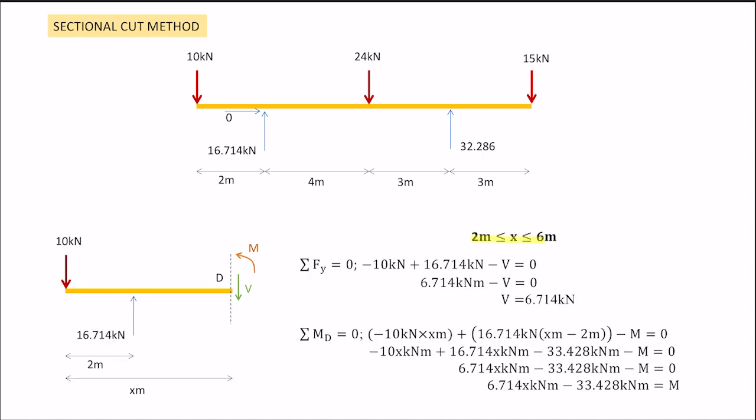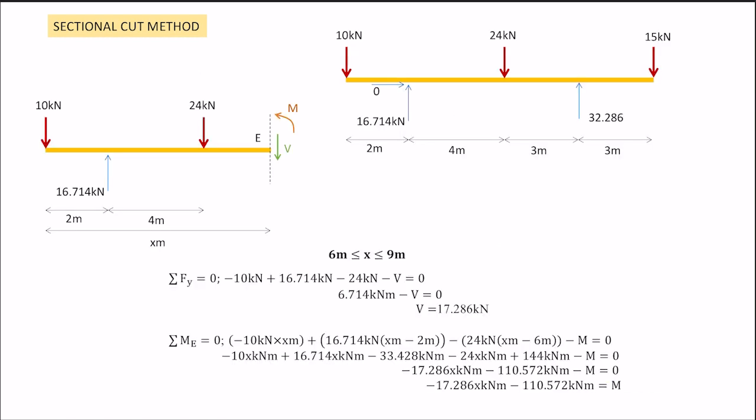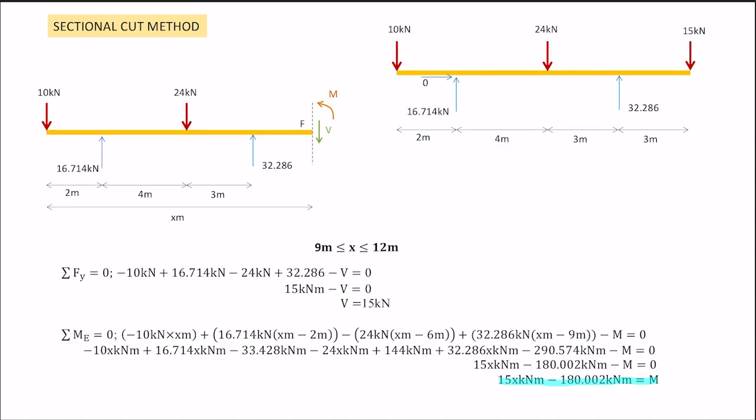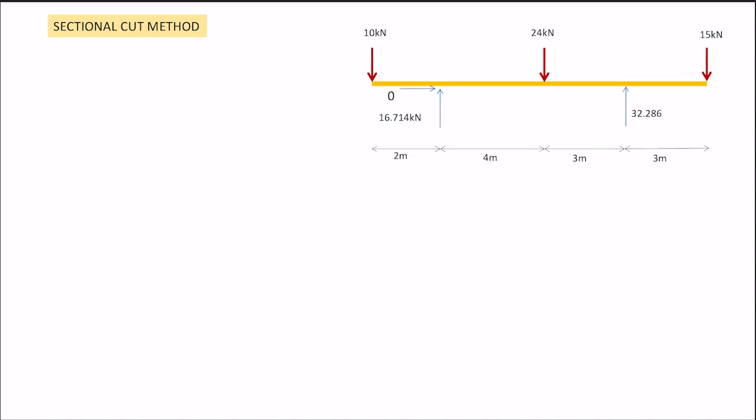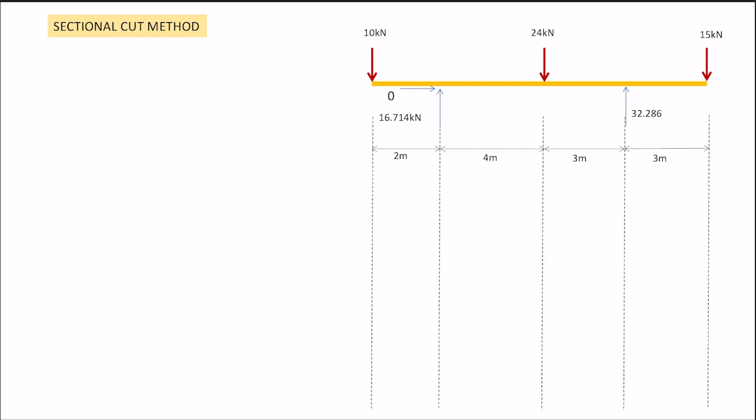Next, for this boundary, the V, the M. For this boundary, the V and take the M. And last, this one, V and M. We can draw the shear force and bending moment, right? Draw the lines for SFD and BMD.